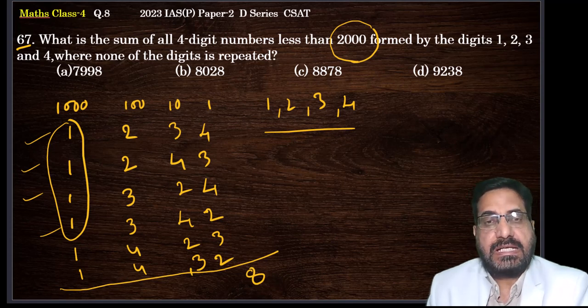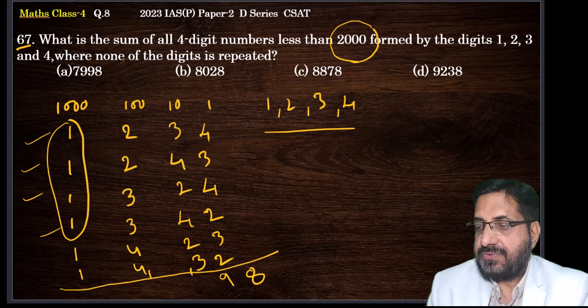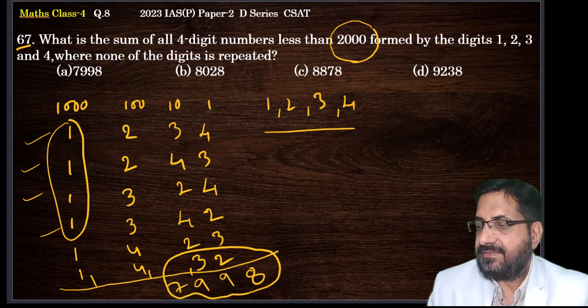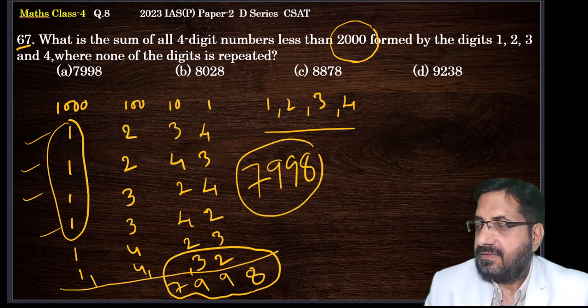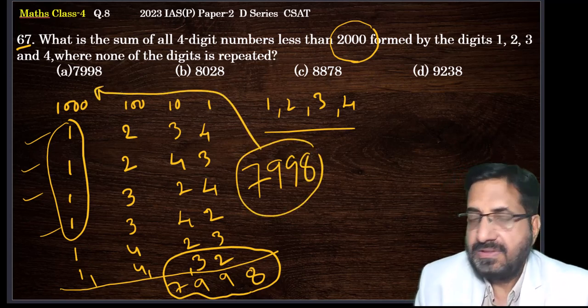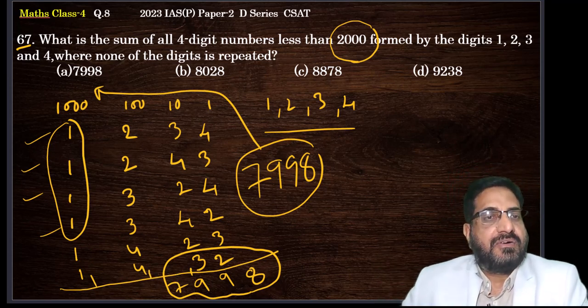Then this will become 3, 4, 6, 10, 12, 16, 19, then 5, 9, 12, 15, 17, 19, and so on. That's all. Your answer is 7,998. Where is it? It's here, no? That's all. Such a simple problem.